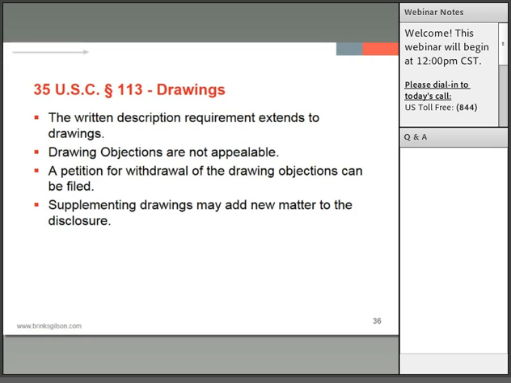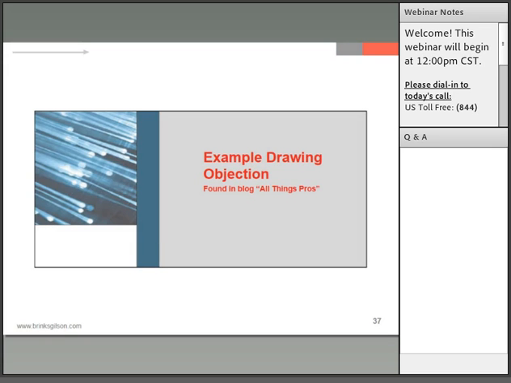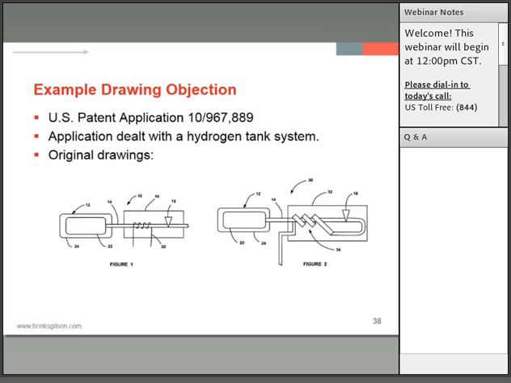That's where I had to go to a blog, and I want to give proper credit to the blog All Things Pros, which is a great blog because it generally goes through all kinds of prosecution issues and through the decisions of the Board of Patent Trials and Appeals, and summarizes these issues and gives good tips. So in there I found the following example.